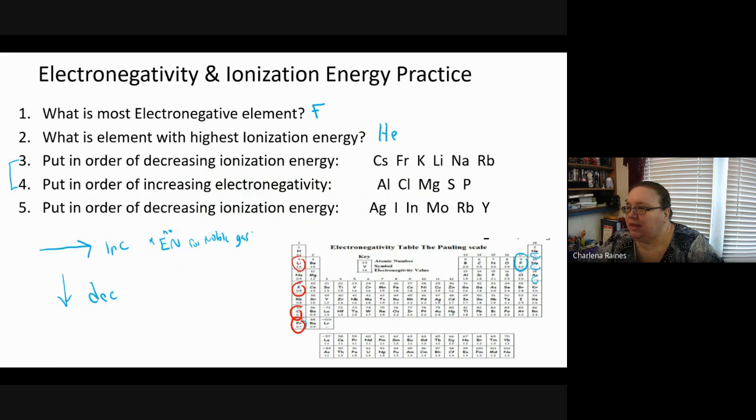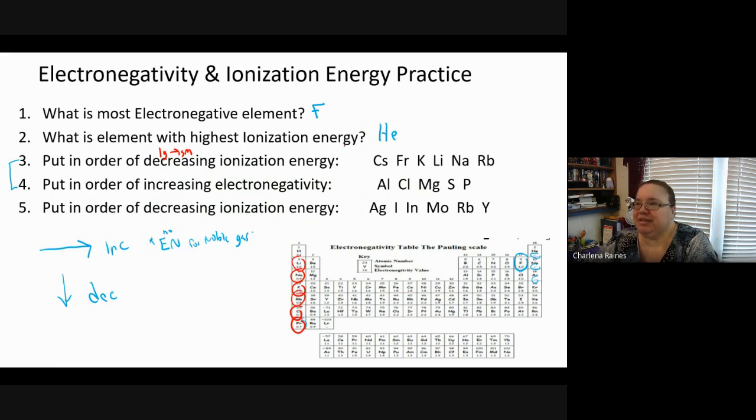potassium, lithium, sodium, rubidium. I like problems like these where they form a straight line because it makes it really, really easy, because I just have to look at the trend in that direction. So whether it be a straight line across or a straight line down, these are much easier. Decreasing means we're going from large to small.